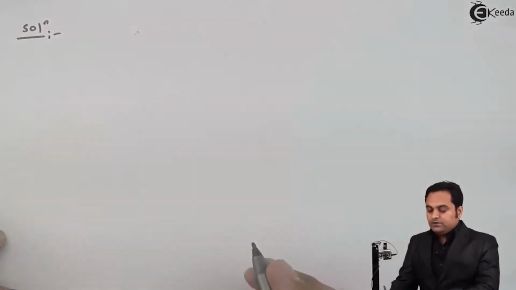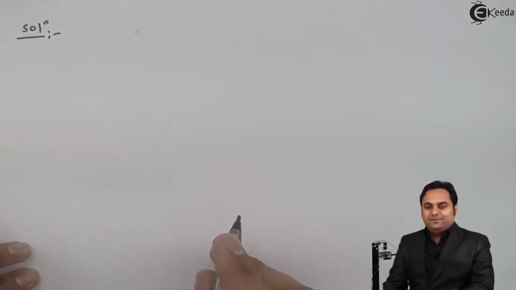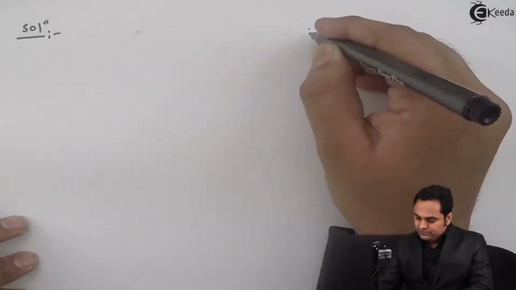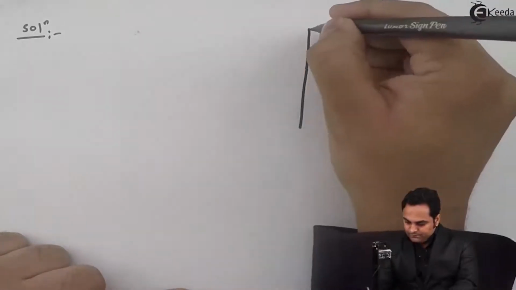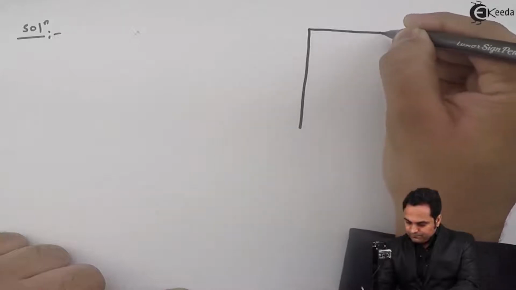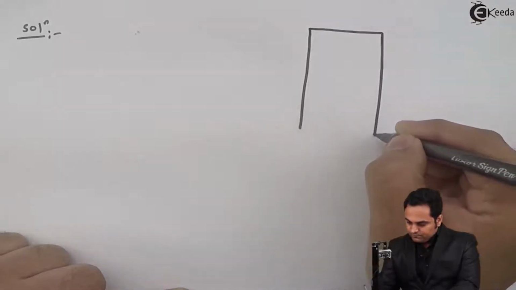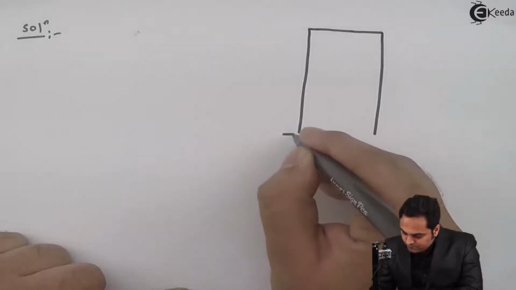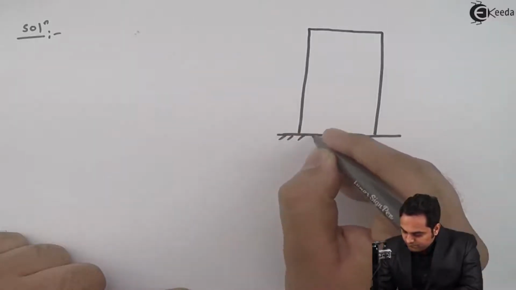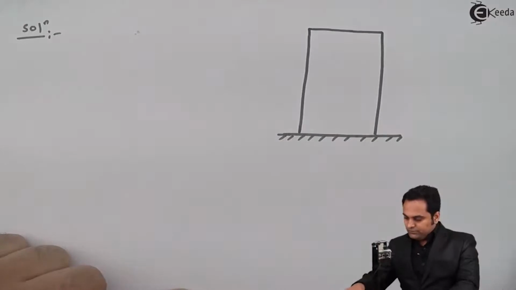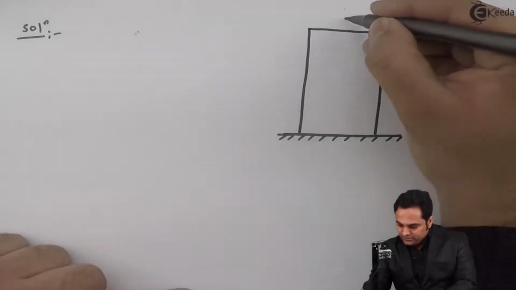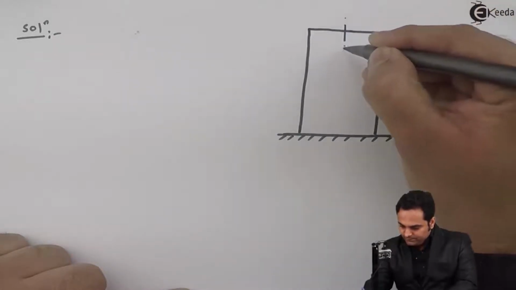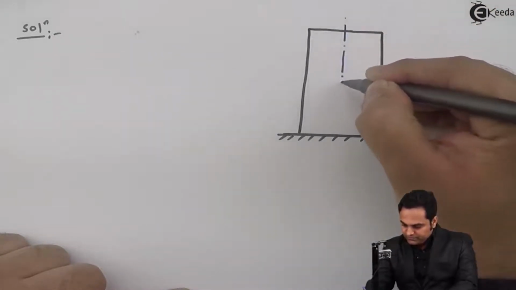Now when we start the solution for such a problem, the best way is to start with the help of a diagram. So here I'll draw the diagram of a chimney. Now the cross section is given. It is circular in cross section, and here we have a hollow circle. So I'll draw that cross section as well.